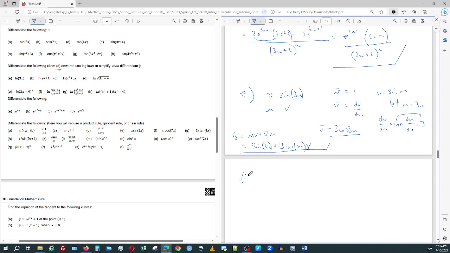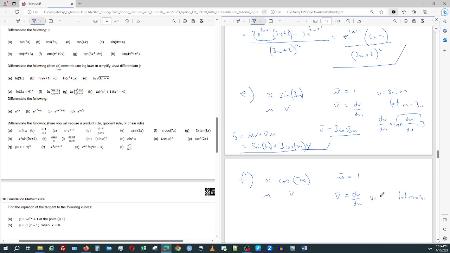All right. So F. How are you going with it? x cos 7x is a product. So u dash is equal to 1 and v dash is equal to dv dx. So let m equal 7x.